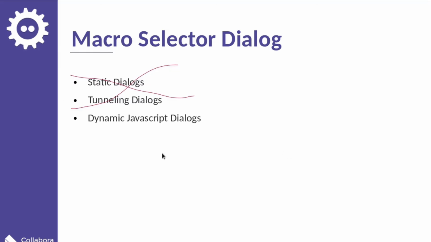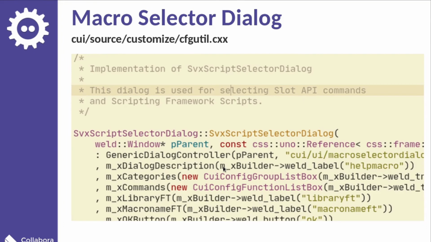In order to create HTML dialogs on the client side, we have several methods. We are discarding two of these methods, and focusing only on creating the dialog dynamically. Here you can see the source code of the macro selector dialog, the class constructor, and you can inspect that this code in LibreOffice core is not changed at all.